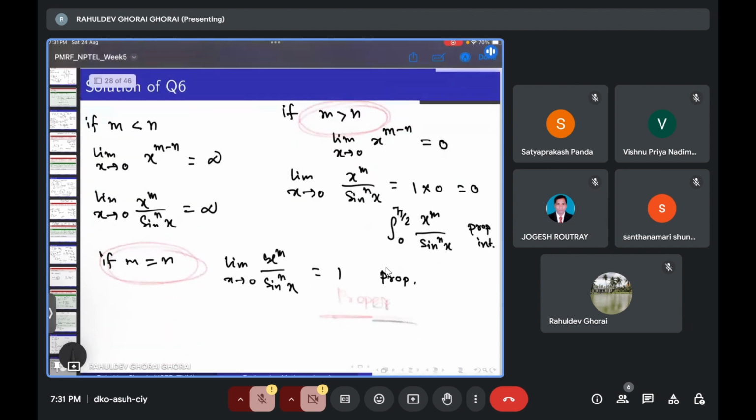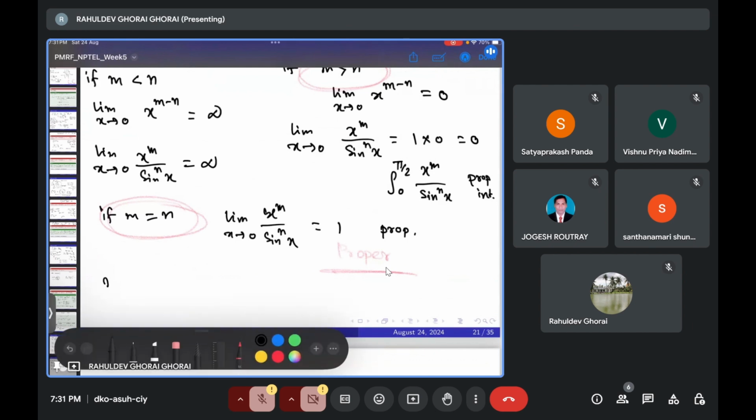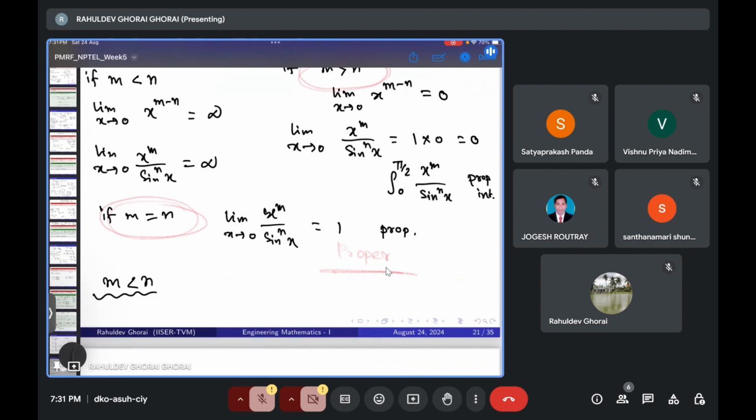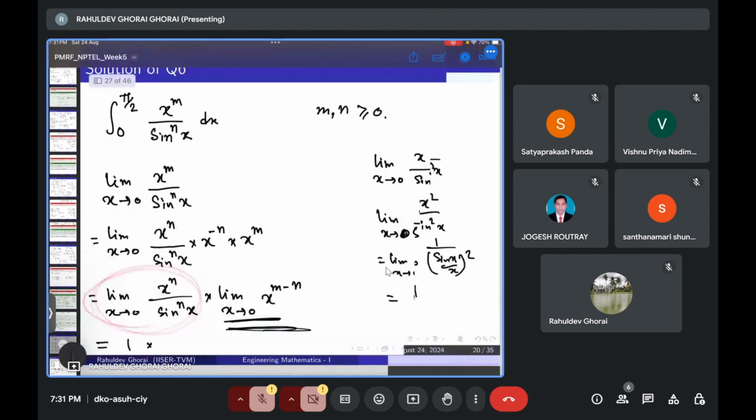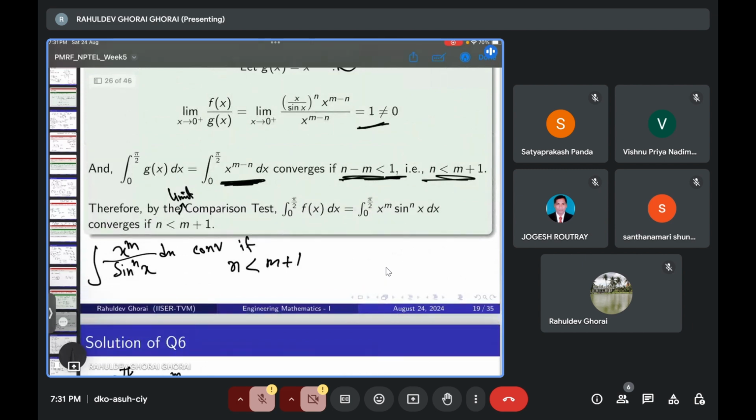Now we'll move to the case when m is less than n. Can we find a way to show it is convergent in that case? It is an improper integral when m is less than n, right?